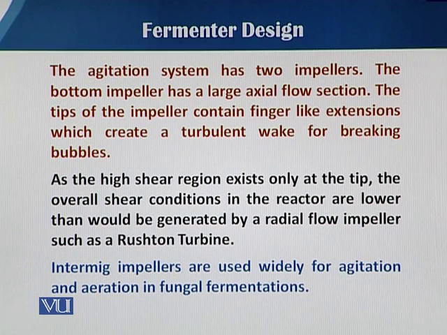As the high shear region exists only at the tip, the overall shear conditions in the reactor are lower than would be generated by radial flow impellers, such as the Rushton turbine. Intermig impellers are used widely for the agitation and aeration of fermentations involving filamentous organisms, such as fungal fermentations.